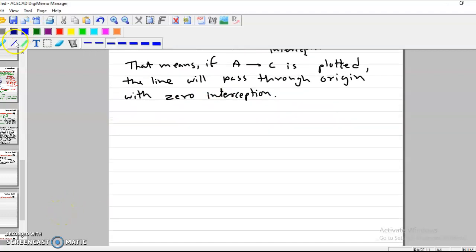Therefore, the graph will be like this. Here, this is absorbance versus concentration C, and the graph would be like this.